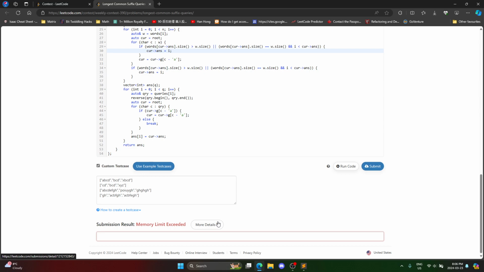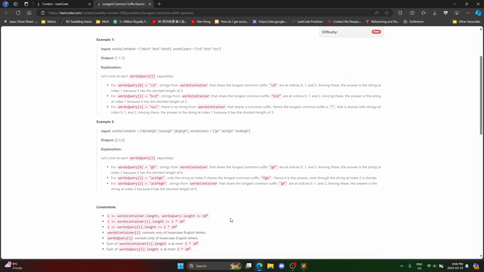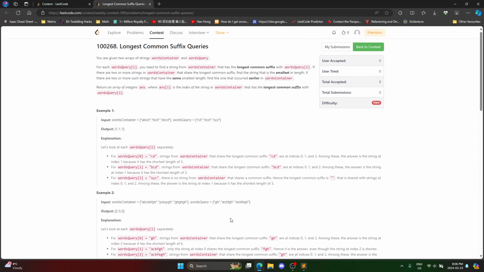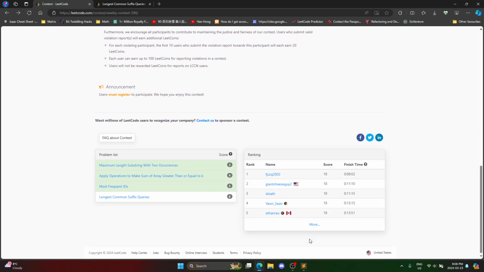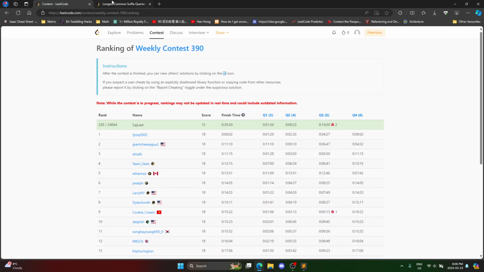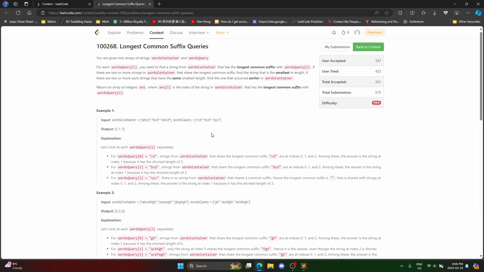How do you get memory limit exceeded with this? Sum of words. What?